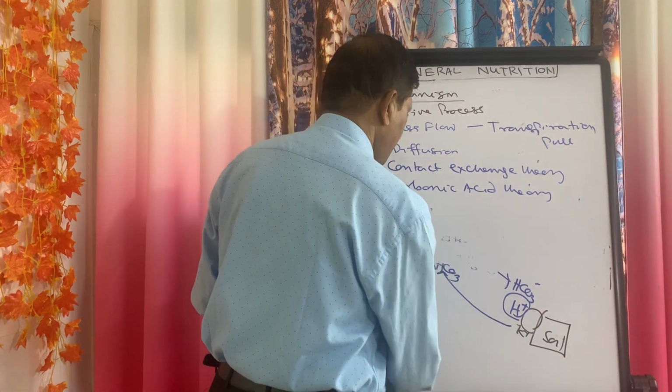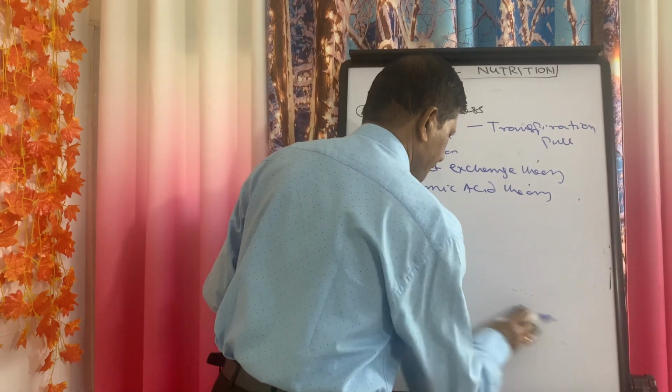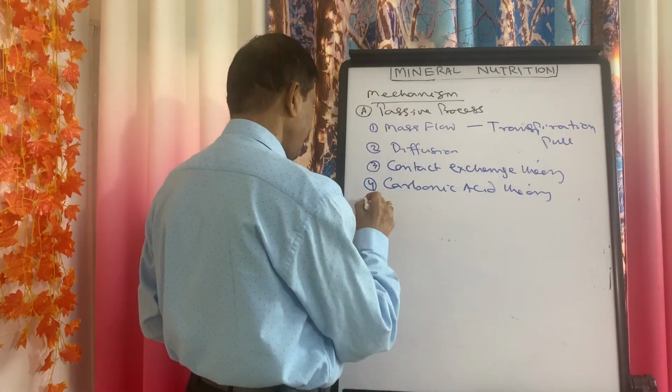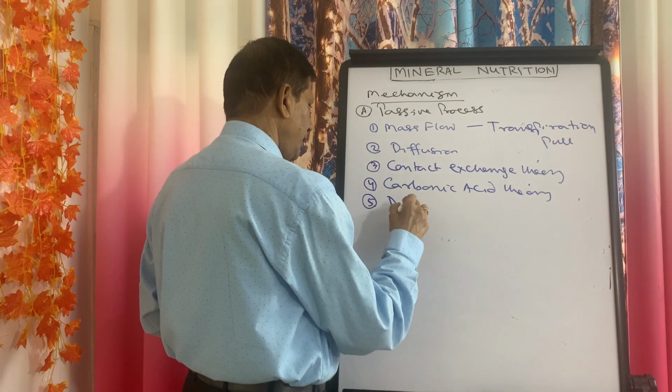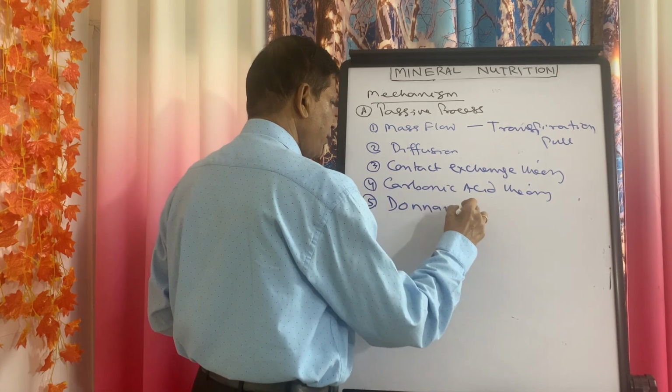The fifth one is Donnan equilibrium. Donnan is the name of one scientist.